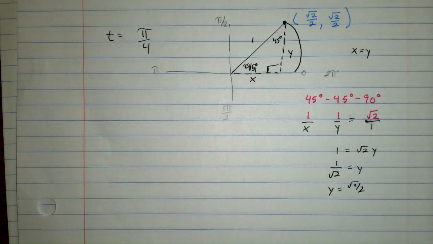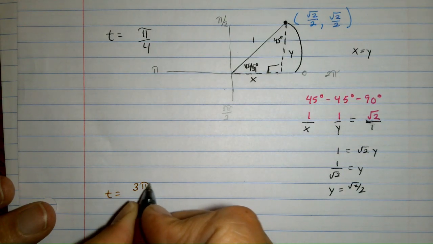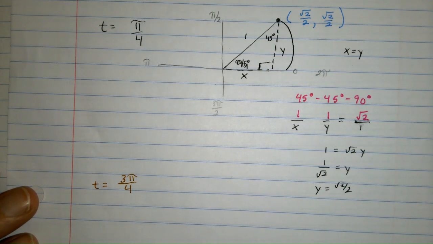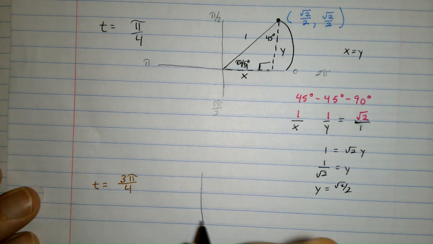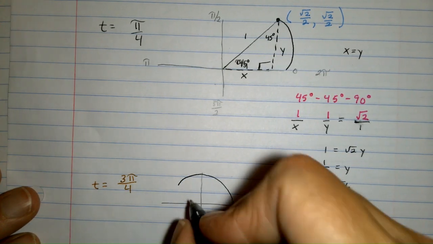Interesting enough, what if I said that our t value was at 3 pi over 4? Okay, so 3/4 of a pi. So none, half, 3/4.